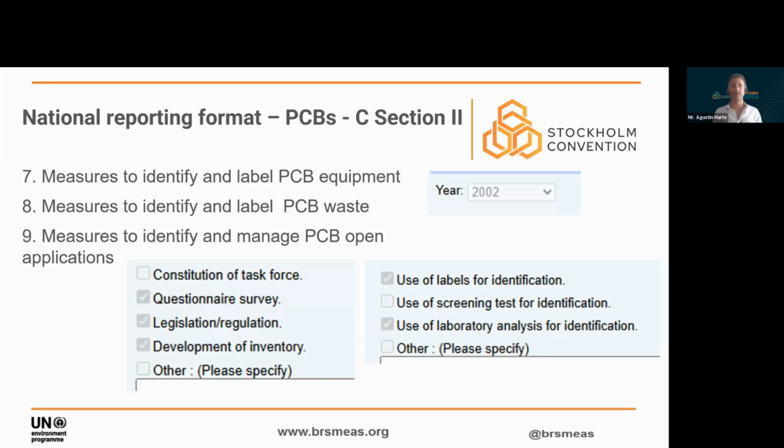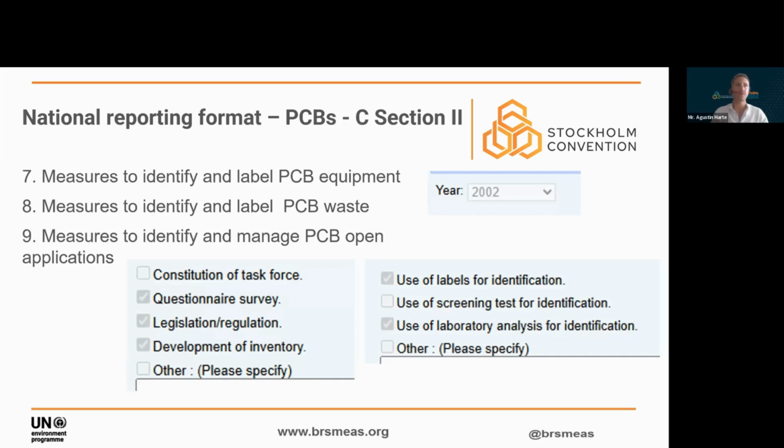And the first answer is yes or no. If yes, then you can inform the year of the initial measures that have been taken, and then you have the opportunity to expand information on what kind of measures for each of these questions you have adopted. If no, then you also have the option to explain what were the challenges and the reasons behind not the adoption of these measures.